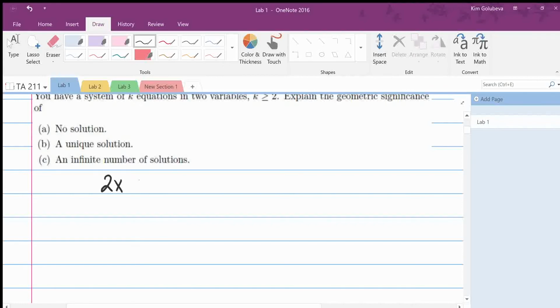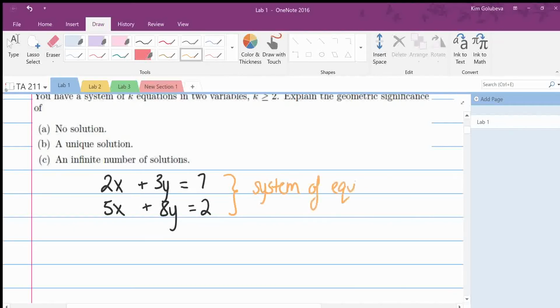Let's go 2x plus 3y equals 7 and 5x plus 8y equals 2. So right here, these two equations are a system of equations. It's intuitive, you guys already know what it is, but just to make sure that we're on the same page.